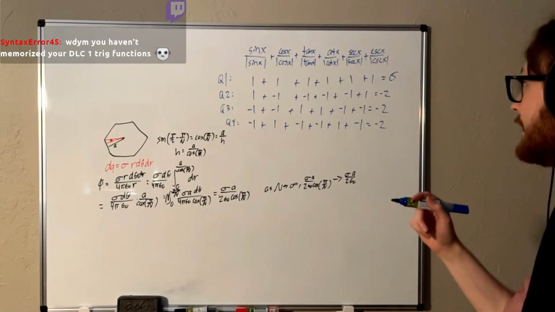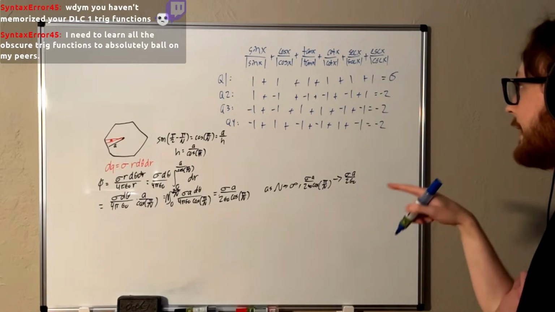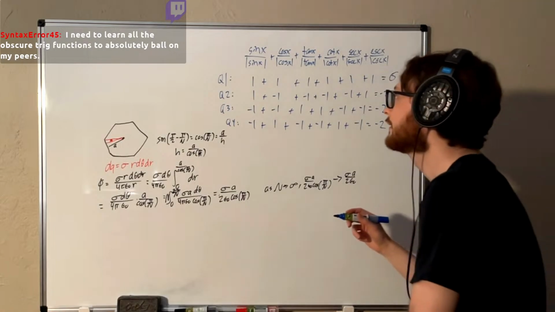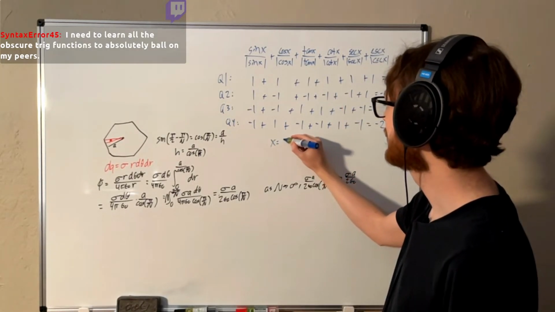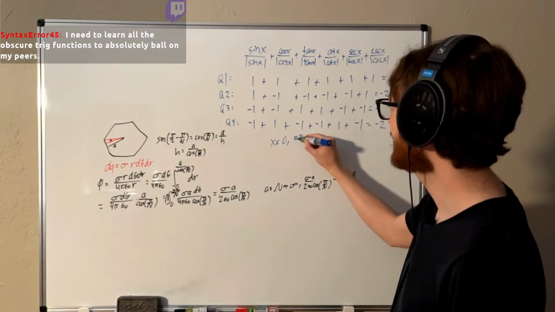Now, technically, this isn't defined. x can't be 0, n pi over 2.